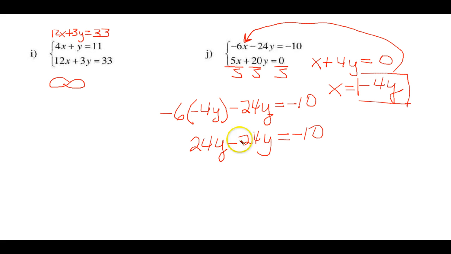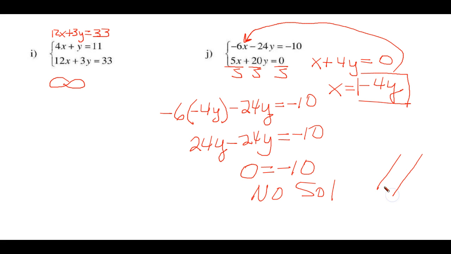Now notice these cancel out and it becomes a 0 equals a negative 10. Is that a true statement? No. And we had said when you do the work and get not a true statement, there is no solution because these lines are parallel.